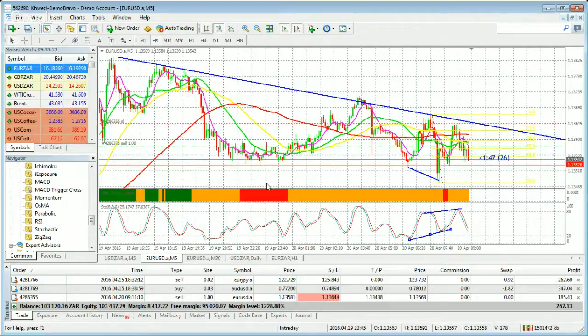Pushing down a lot nicer with this candle in particular now. But there's still a long way to go. Still a minute and 40 seconds left. So it can still end up green. Remember that. Nothing's finalized until it's finished.